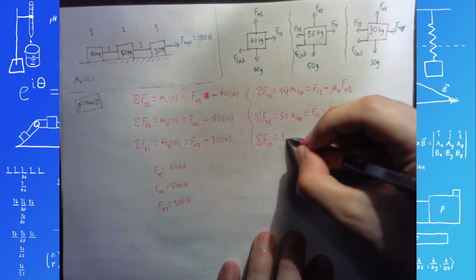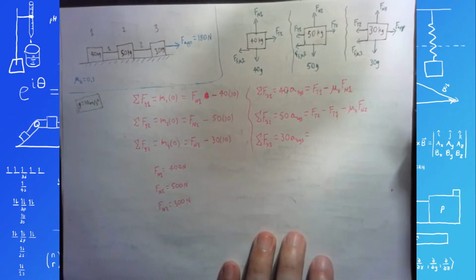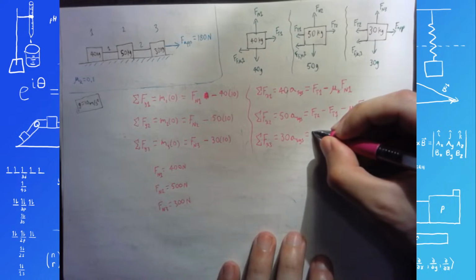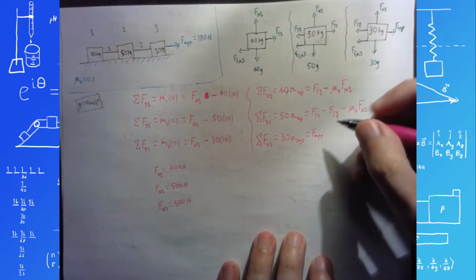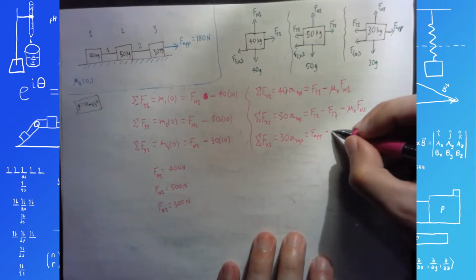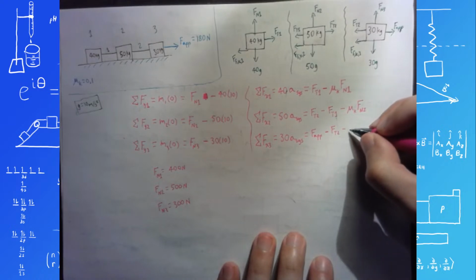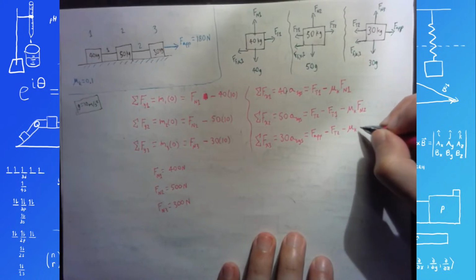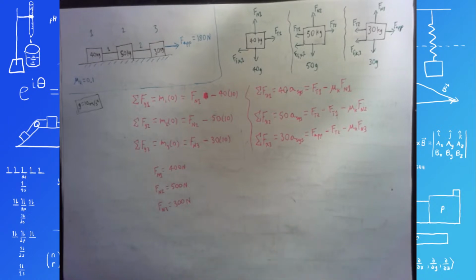And 30 times acceleration system for object 3 equals force to the right. We've got force applied, which I can substitute in as 180 later. And then minus, we've got force of tension 2, and also minus friction 3, which is coefficient of friction times normal force 3.